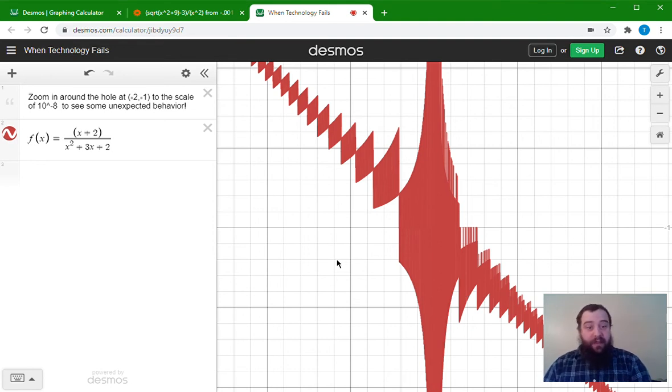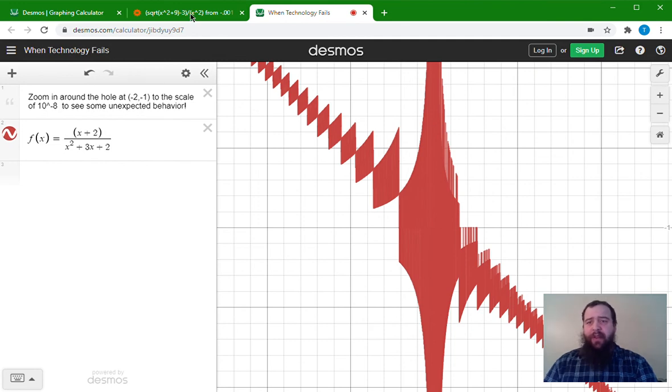There's lots of interesting questions that you can ask about why Desmos is giving us this graph in particular, which again, I'll remind you, is wrong. This graph at this zoomed scale should look like an almost perfectly straight line with a little hole in it. This is not what the graph actually looks like. This is an error due to the graphing calculator.